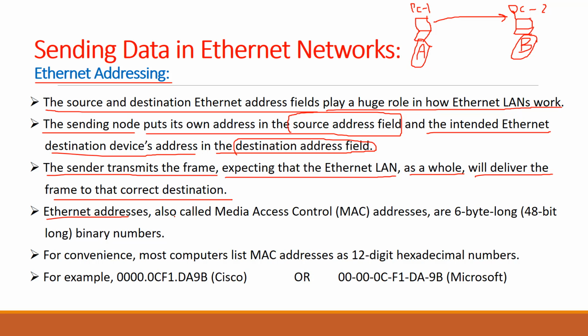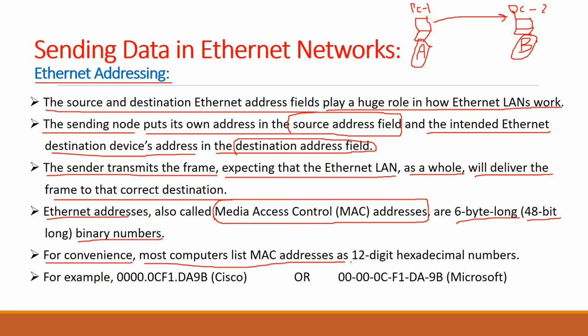Ethernet addresses are called Media Access Control addresses, or MAC addresses. These MAC addresses are 6 bytes long, or 48 bits, because a byte has 8 bits, so they are 48-bit binary numbers. But for convenience, most computers list MAC addresses as 12-digit hexadecimal numbers.